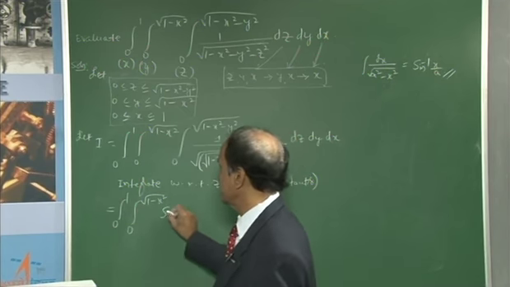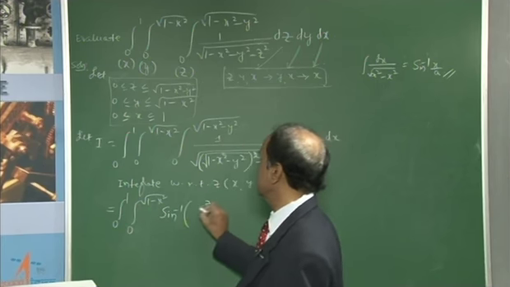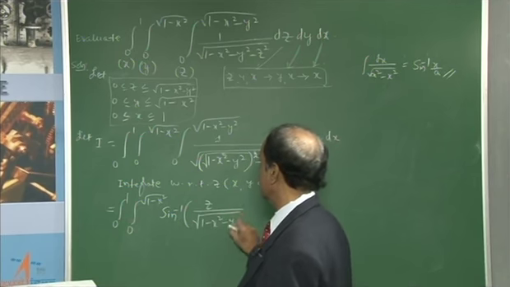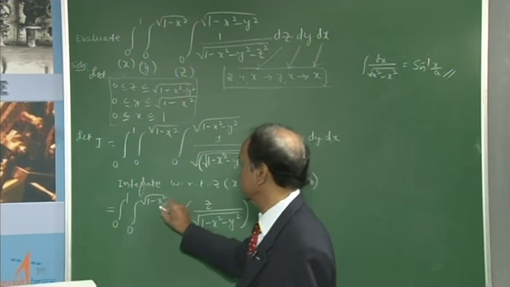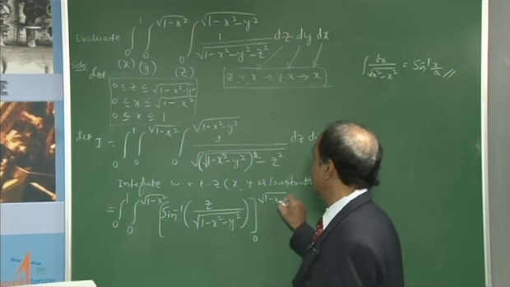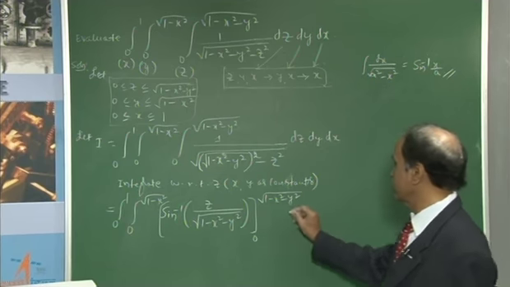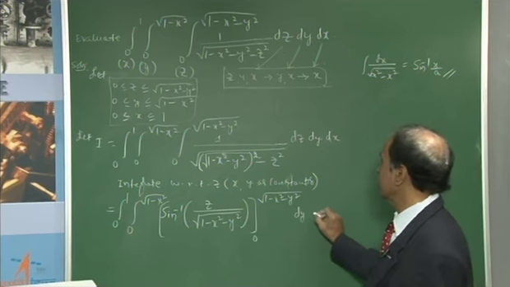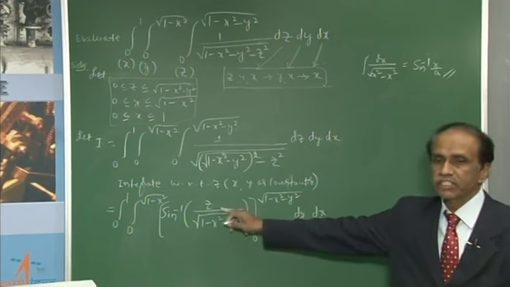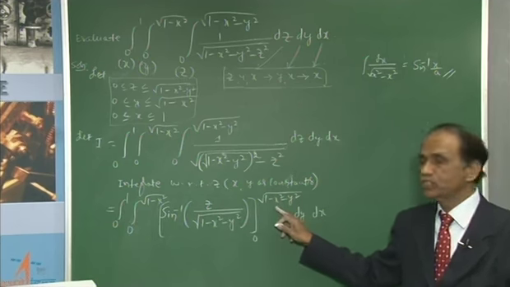Then I can write this as sine inverse x by a, that means z divided by square root of 1 minus x square minus y square, between 0 to root of 1 minus x square minus y square. Then which variables do we have to assign? dy, and then dx, because in the first integration we are eliminating z by introducing the limits assigned to z.